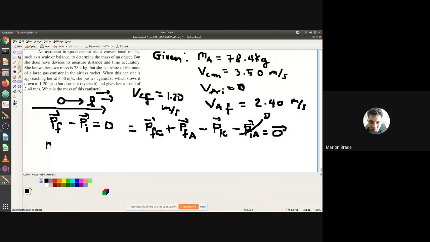So, this is the mass of the canister multiply by the final velocity of the canister, which is 1.20, plus the final momentum of the astronaut. So this is the mass of the astronaut multiply by the velocity final of the astronaut. And this is a vector quantity.